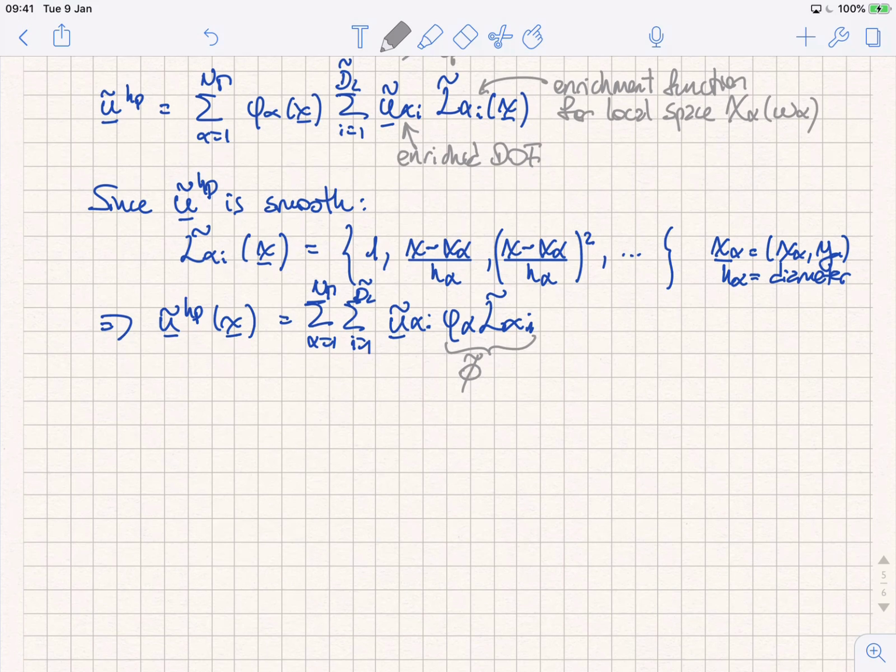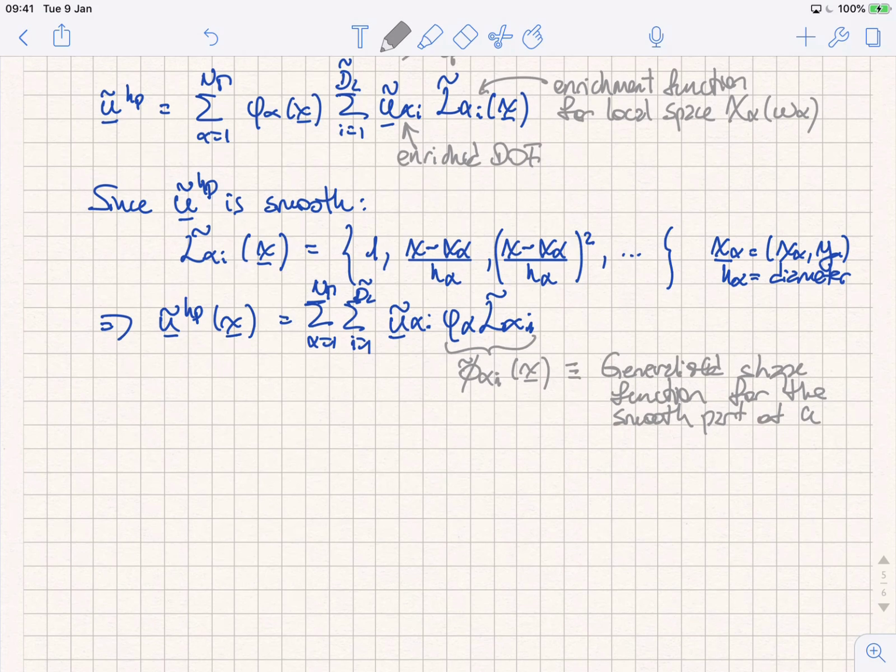In this case, it's tilde because it's representing the smooth part, alpha i of x, and this was our generalized shape function for the smooth part of U. So now we're good to go, at least for the smooth part.